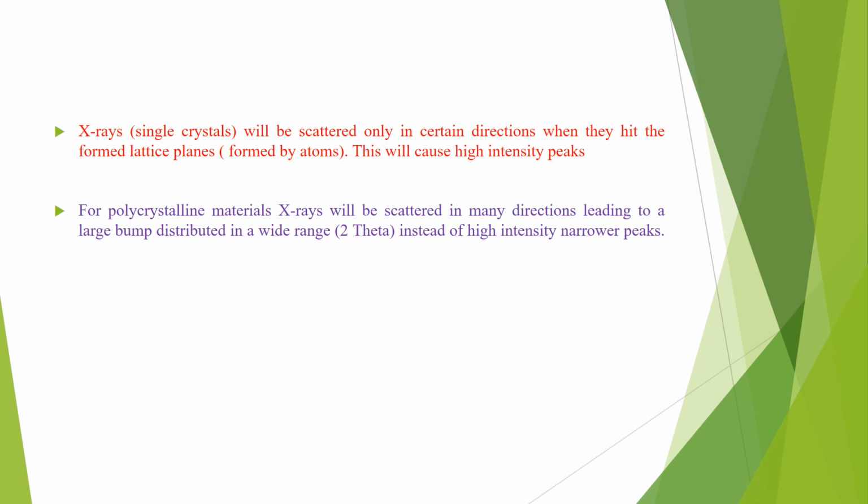For polycrystalline material, X-rays will be scattered in many directions, leading to a large bump distributed in a wide range of 2 theta instead of high intensity narrow peaks. So this is all about the comparison between powder XRD and single crystal XRD.